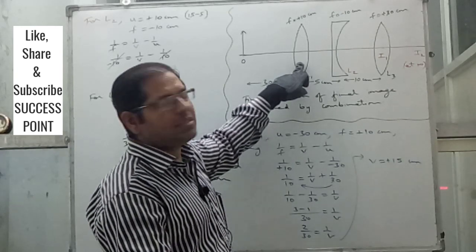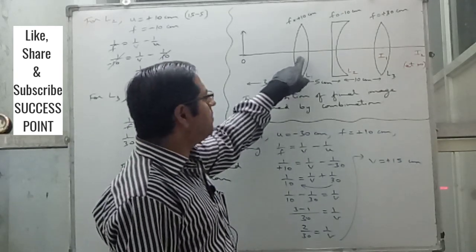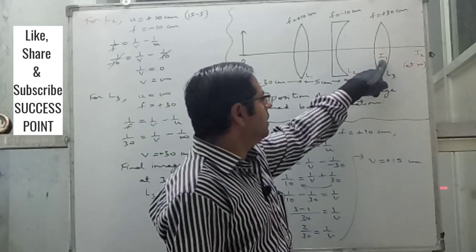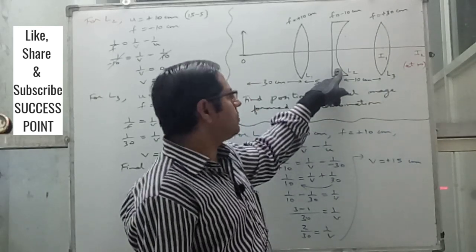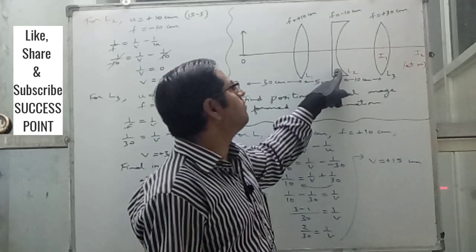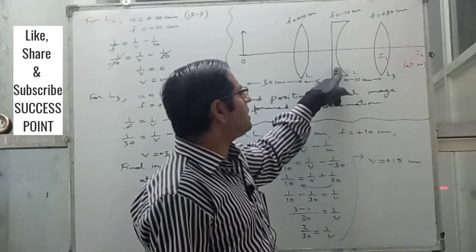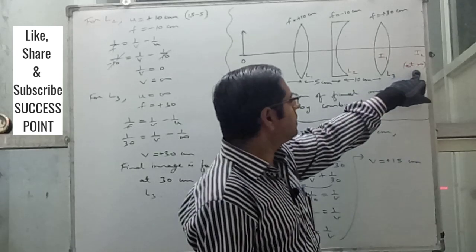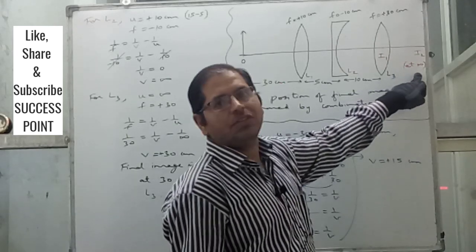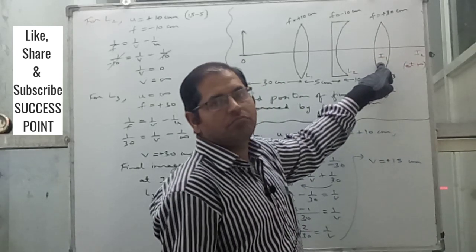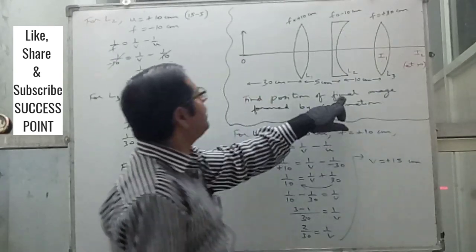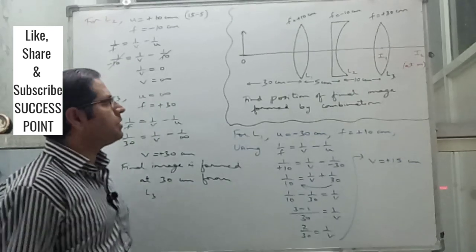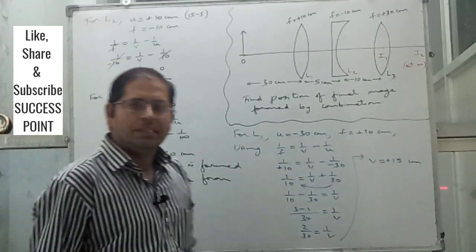Find its image distance. The image formed by the first will behave as object for the second. Using the lens formula, again find the image formed by the second lens. Now this will behave as object for the third, and the image formed by the third will be the final image, and its position we have to find.